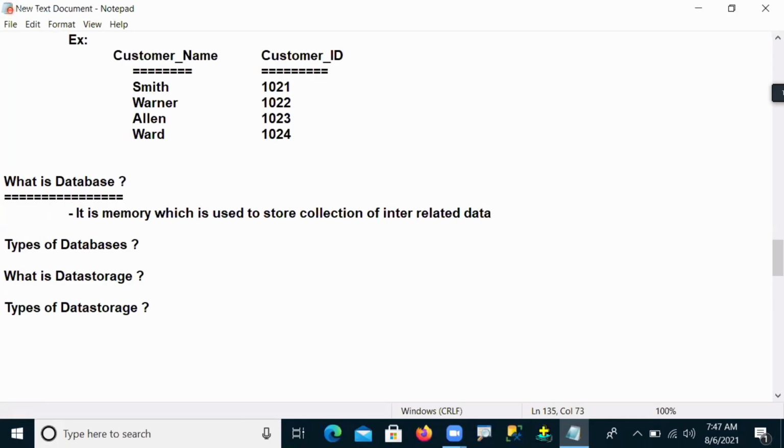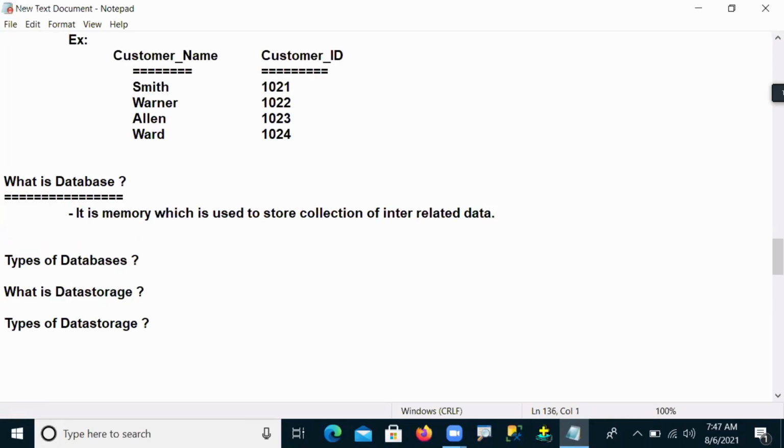Don't wonder, what is a database, sir? A database is like one memory, like a memory location. That memory we utilize to store some collection of interrelated information. That is what we call a database.